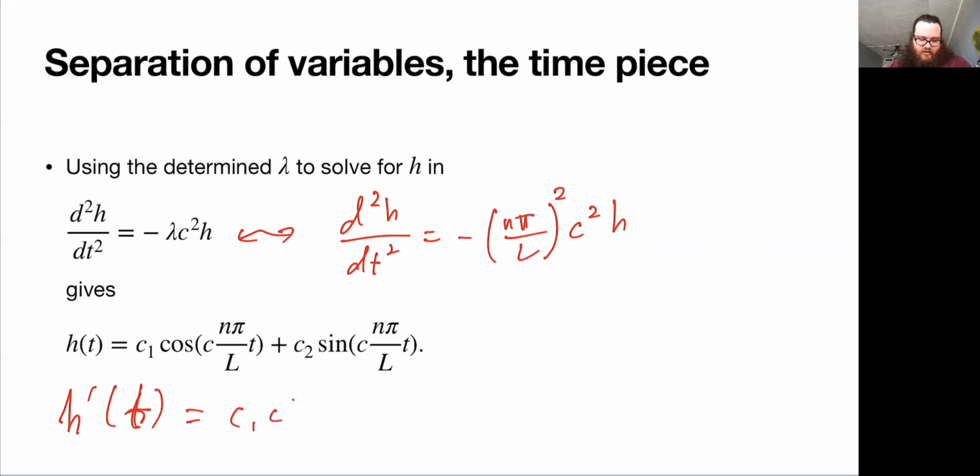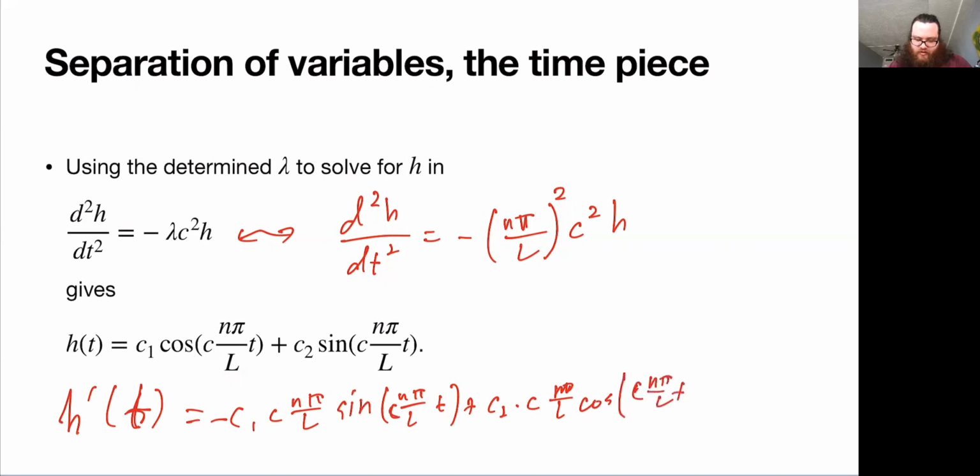C1 times c n pi over L, minus C1 that, cosine n pi over L c n pi over L t, plus C2 times c n pi over L, cosine, wait, no, first one should be sine. Cosine of c n pi over L t. Okay. Take another derivative.